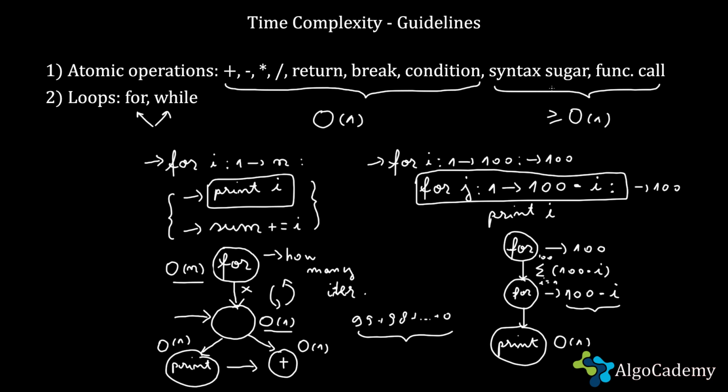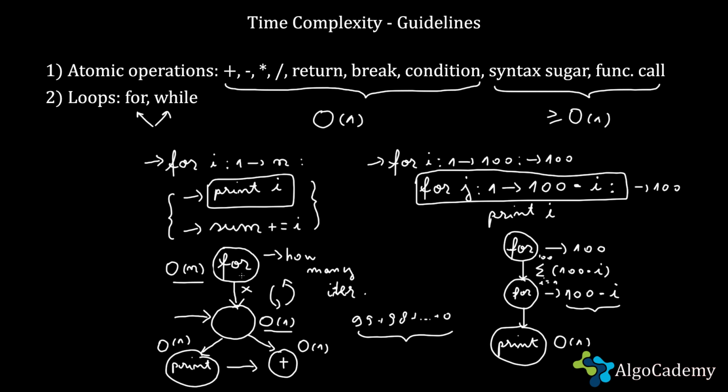Now, after figuring out what the atomic operations are, you are going to figure out the structure of your algorithm, right? And by that, you are going to imagine or even draw this tree, and you are going to classify the nodes as nodes which are, quote unquote, empty. They represent pieces of code. Nodes which represent atomic operations like this print or this plus, and nodes which represent the loops, right?